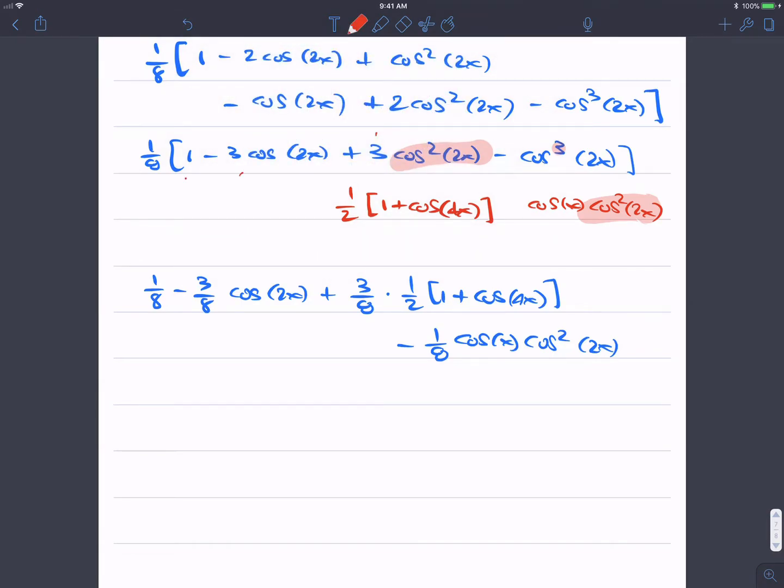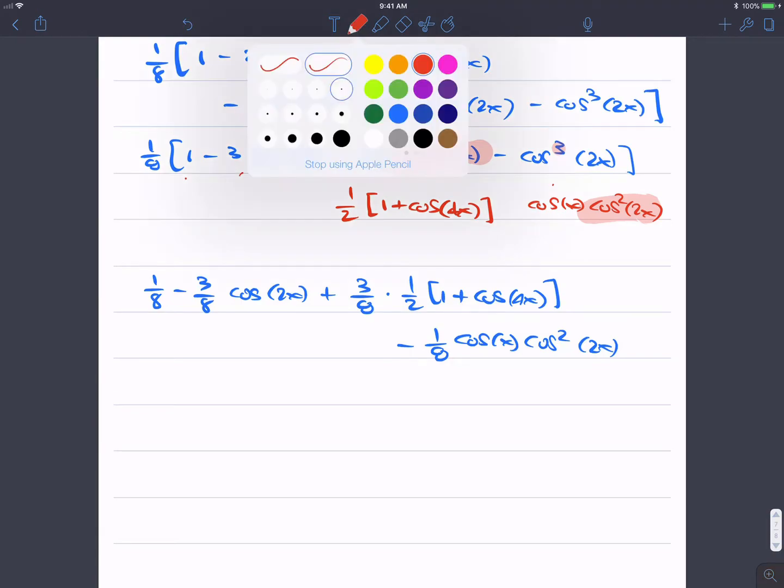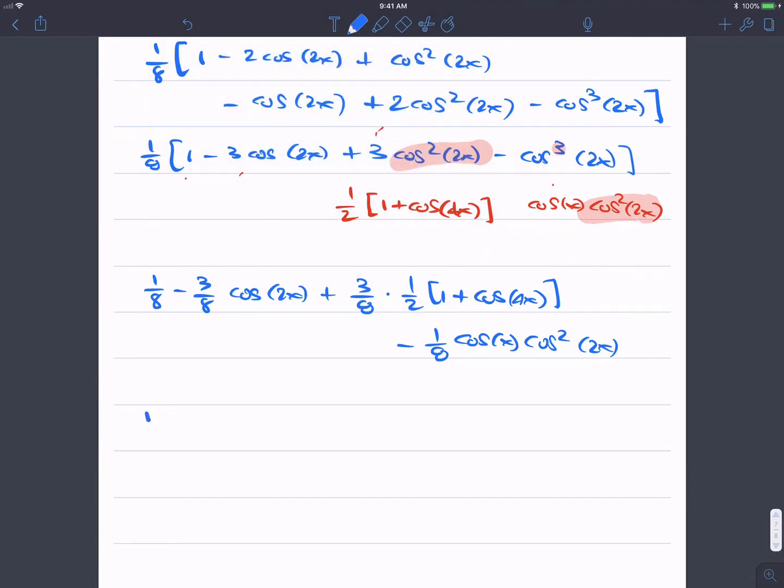Here, here, here, and minus 1/8 cosine cubed, which is cosine squared. Okay, it looks like we're okay. So there's a little more algebra to do, or a lot more, I should say. We get 1/8 minus 3/8 cosine of 2x plus, do the same move we did before.